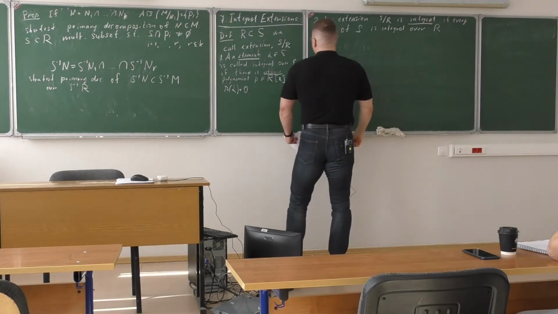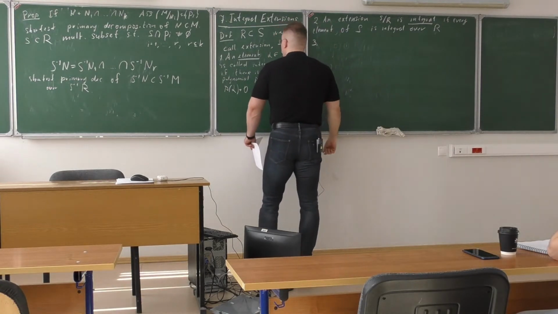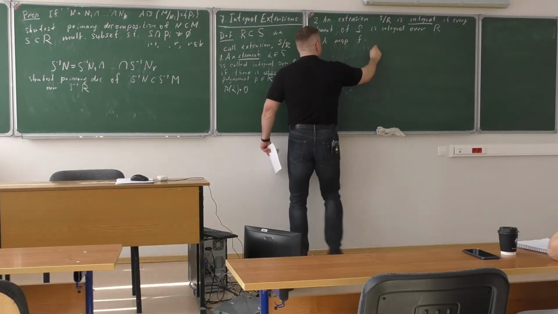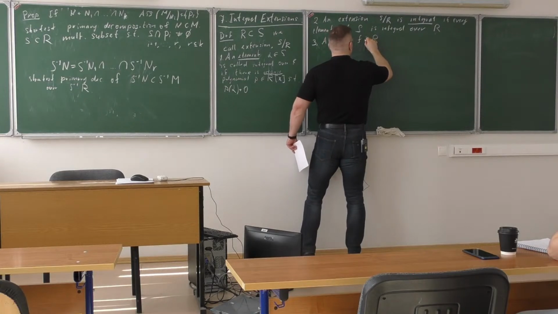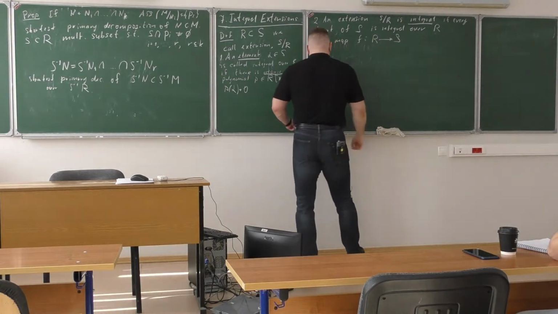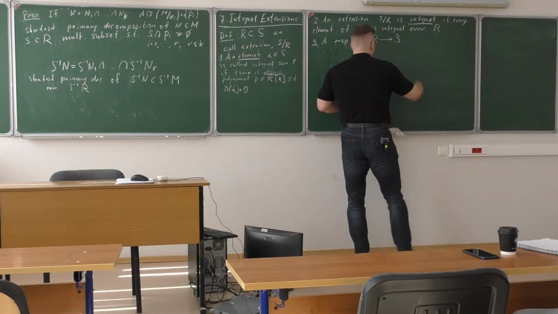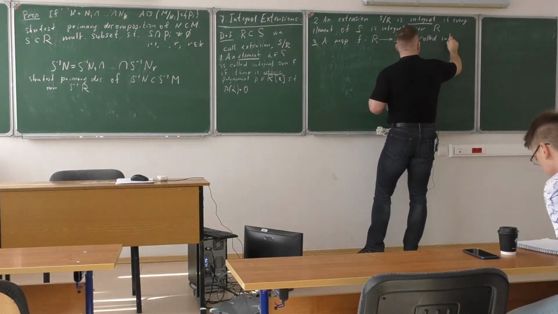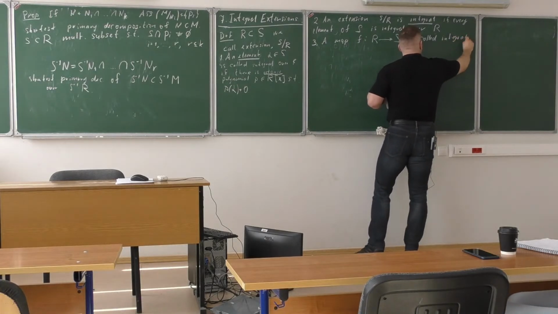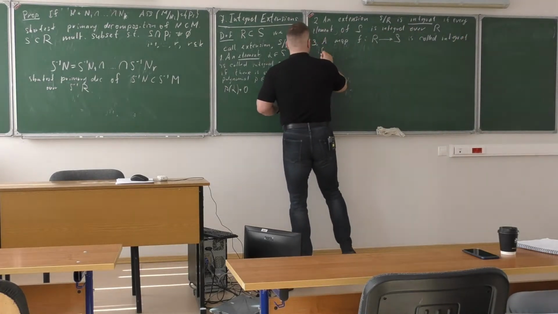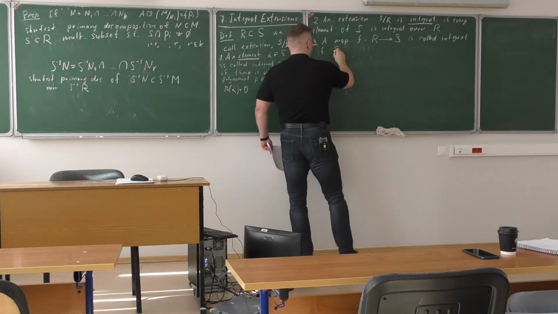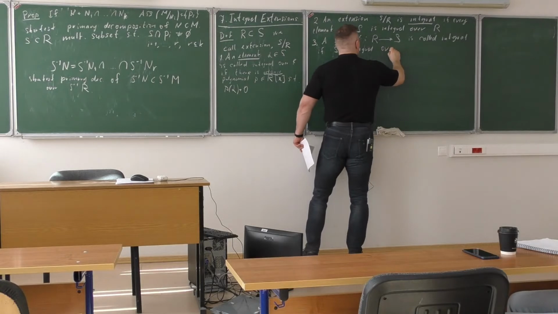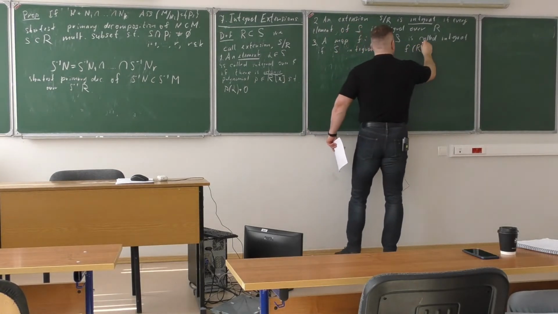And part 3, this is just a slight generalization: a map F between two rings, going from R to S, is called integral if S is integral over the image of this map.